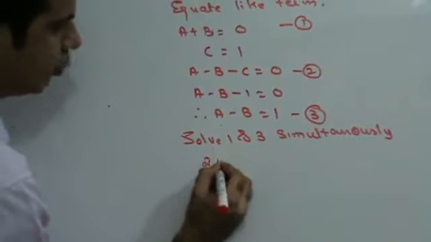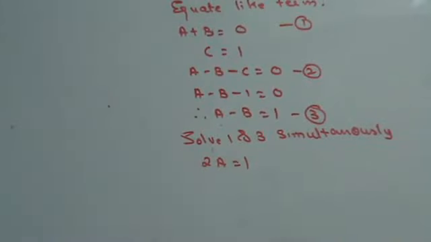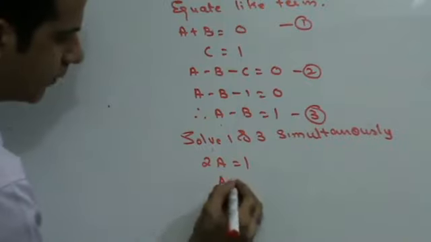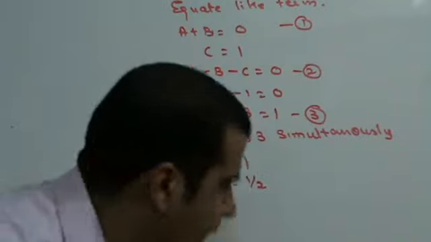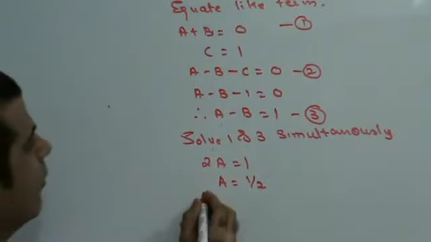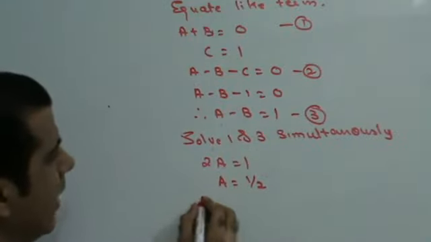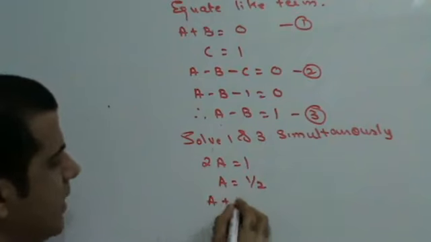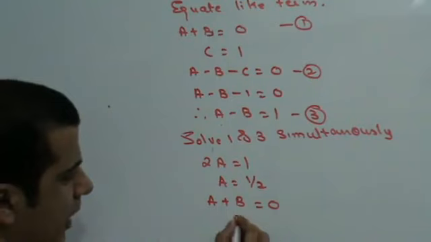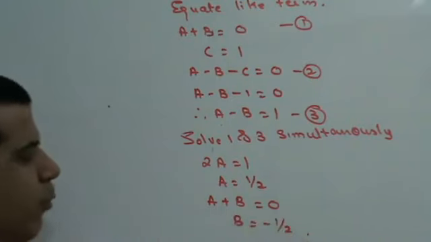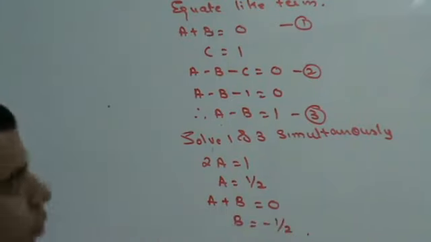So I'll get 2A is equal to 1 plus B minus B gets cancelled. A is 1 upon 2. Once you get the value of A, you can find out the value of B and C. I can say A plus B is 0 from equation 1. So I will say B is equal to minus 1 upon 2 because A was 1 upon 2.